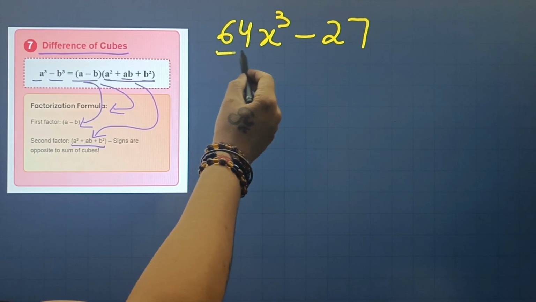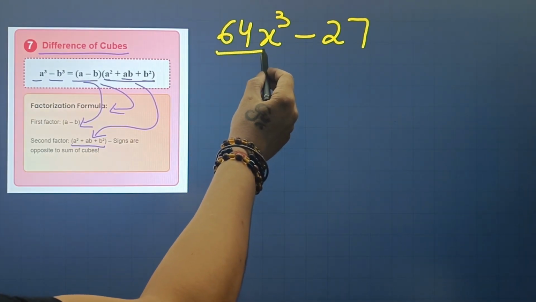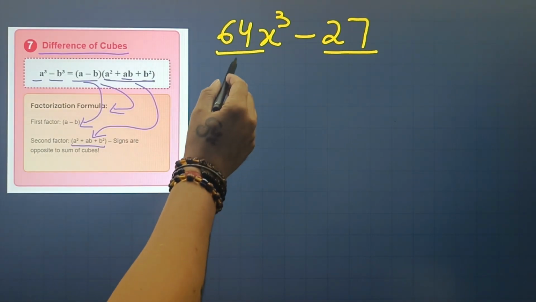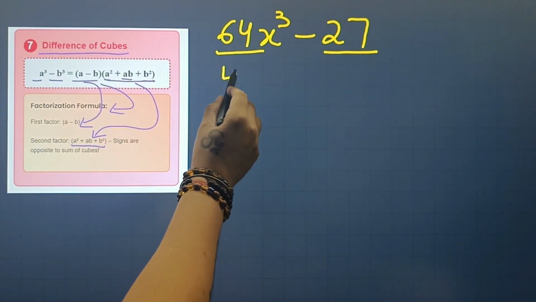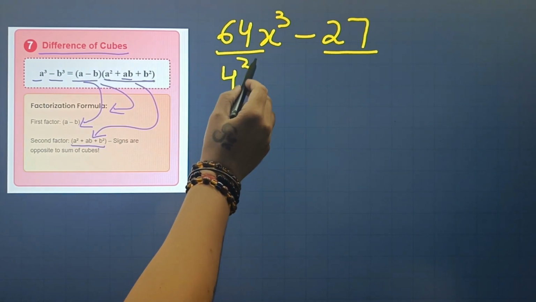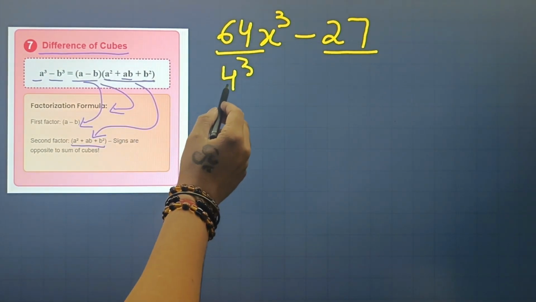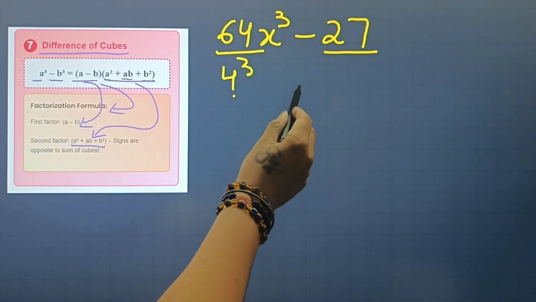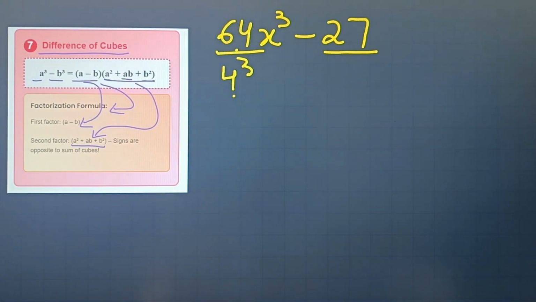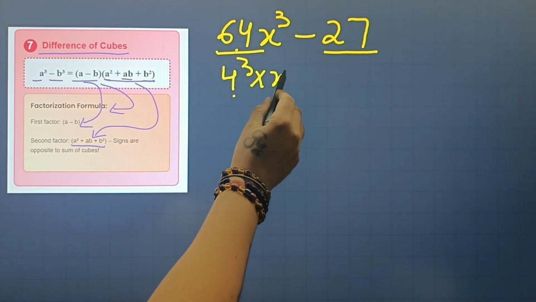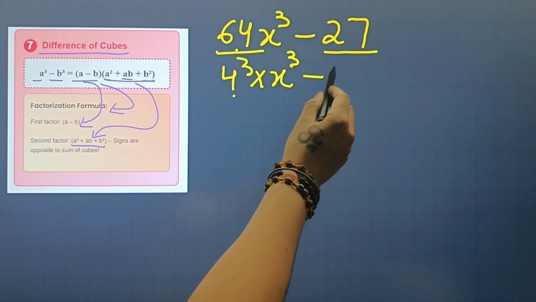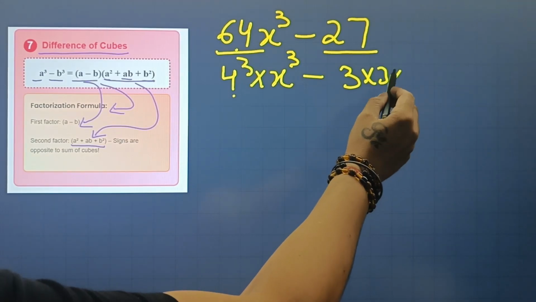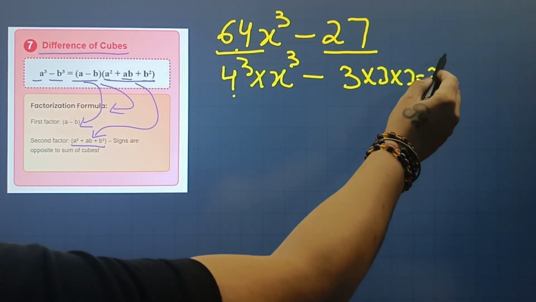So students, here we have our example, which is 64x cube minus 27. 64 can be written as 4 raised to the power 3, as we know that 4 raised to the power 3 is 4 multiplied by 4 multiplied by 4, which is 64, into x raised to the power 3, minus 27, which is 3 into 3 into 3, which is 3 raised to the power 3.